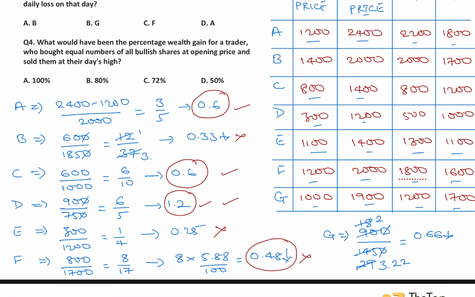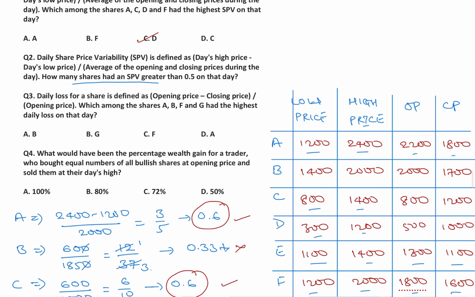It is more than that. So G will also be considered. So in total, I have 1, 2, 3, and 4 shares greater than 0.5. So question number 2 is also done.